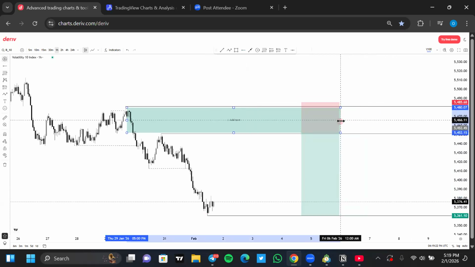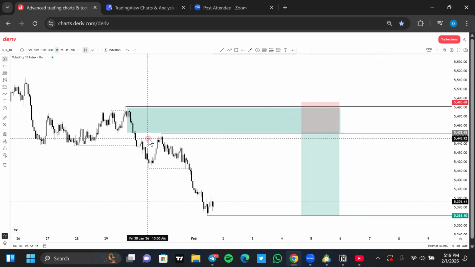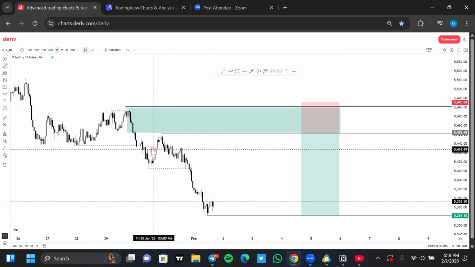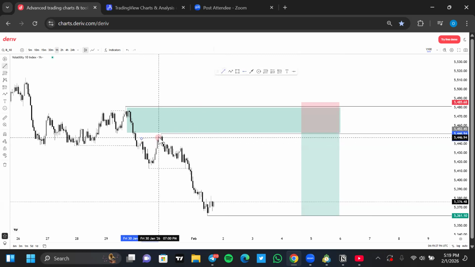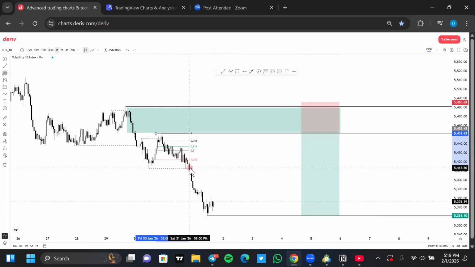At the same time, I'm seeing something here, but I will not use all my trust on this one, because as we can clearly see, there's a sweep here around this zone. We have a break of structure, right? And we want to see our 0.5 Fibonacci retracement.